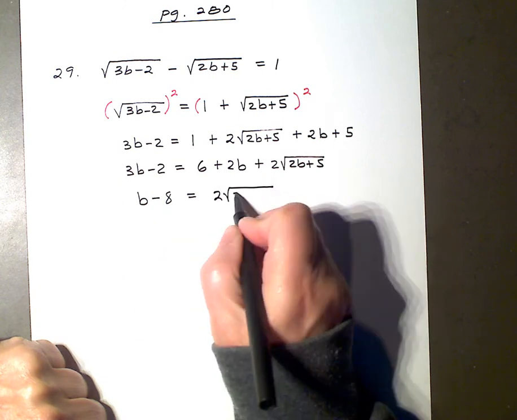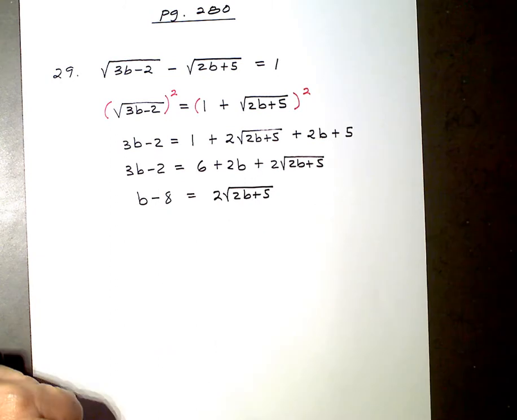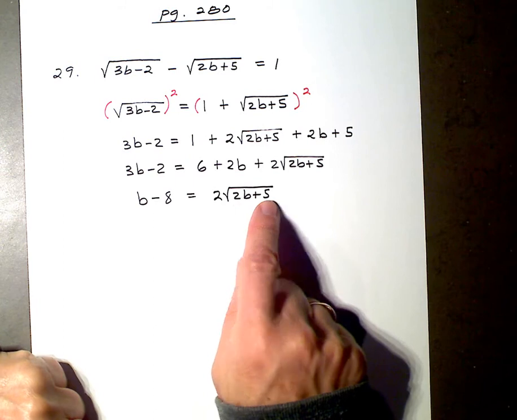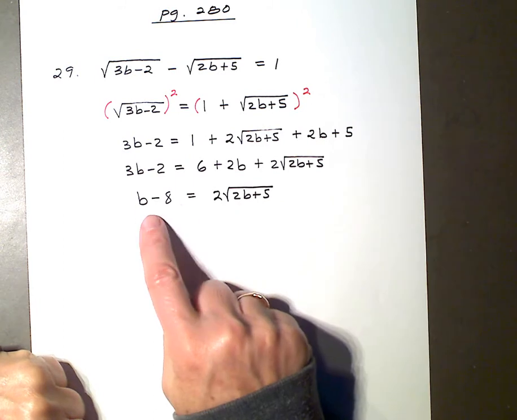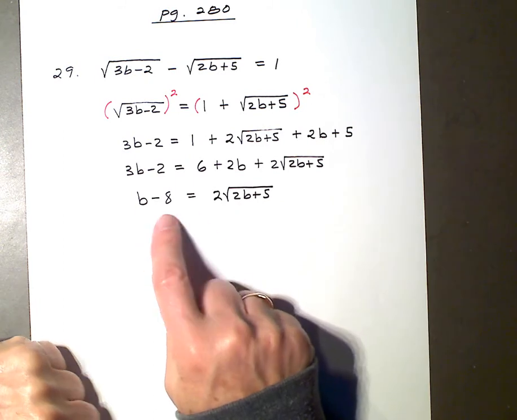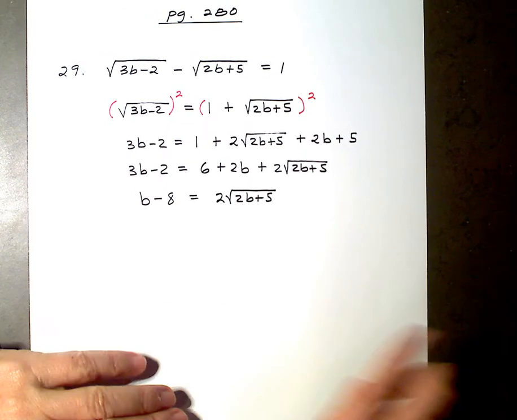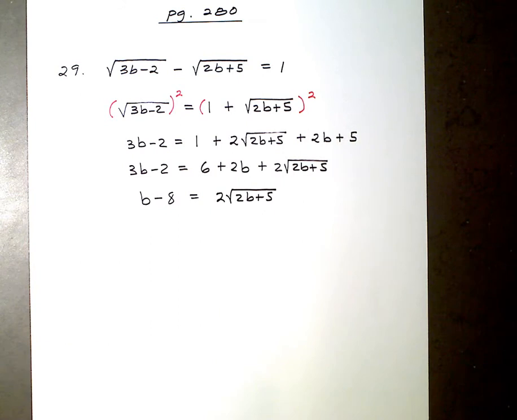Okay, now, I could further isolate this radical by dividing both sides by 2, but I'd create a fraction on the left, and then when I squared it, I'd have a fraction, and I'd eventually have to get rid of that. So I can actually just leave it like this, and now raise both sides to the second power.